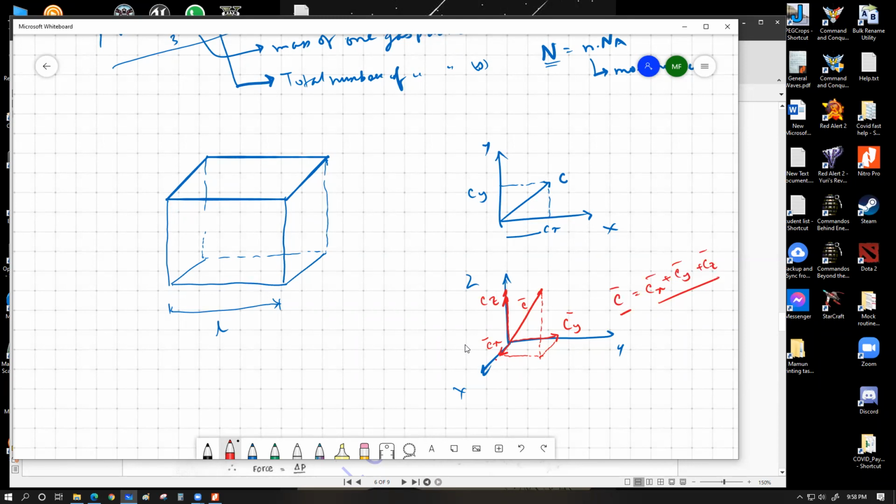On an average, because the particles are not going anywhere, we can consider that the average value for this cx, this cy, and the cz, the value of these three quantities should be equal, because this is a cubic box and the particles are not actually going anywhere.